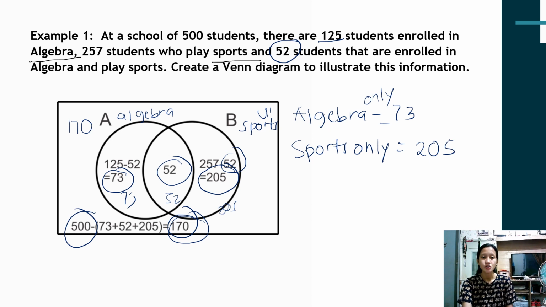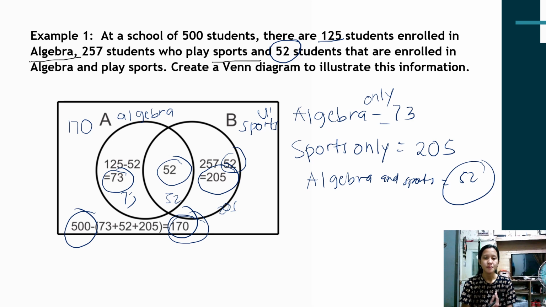How about students who enrolled in both algebra and sports? It is 52 students. How many students did not enroll in algebra and sports? Wala sa algebra, wala pa sa sports. So we have 170 students.